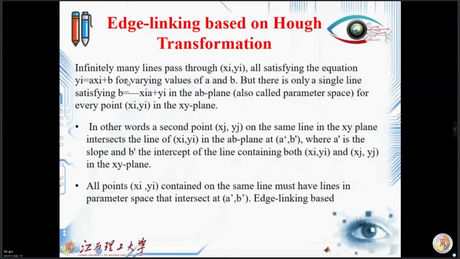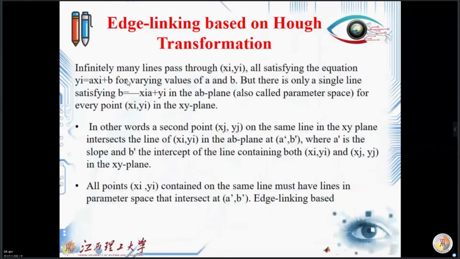Because what we want to do is have the link between two edges. We have xi and yi on one edge, and on the other edge we have xj and yj, on the same line in the xy plane.